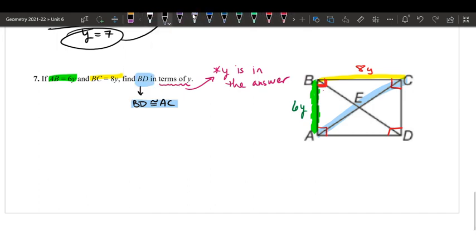Everybody's favorite. A squared plus B squared equals C squared. It doesn't really matter which leg I call A and which leg I call B. So I'm going to say that A is the green one, and B is the yellow side, which I wrote in red, and C is my blue one.